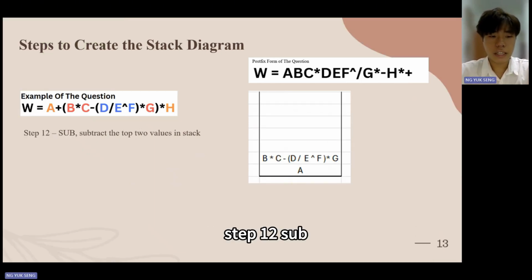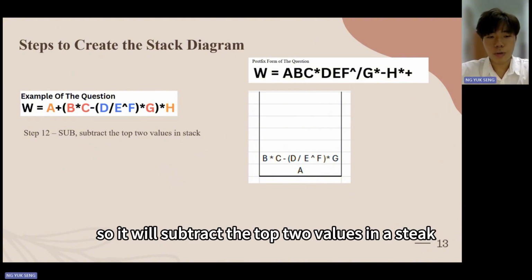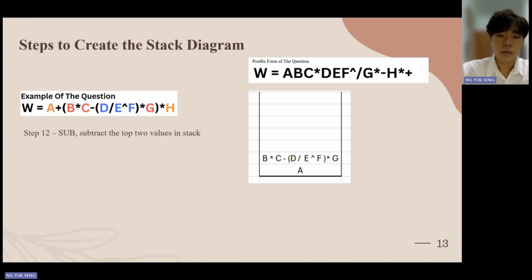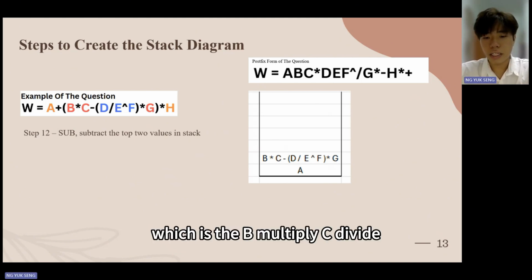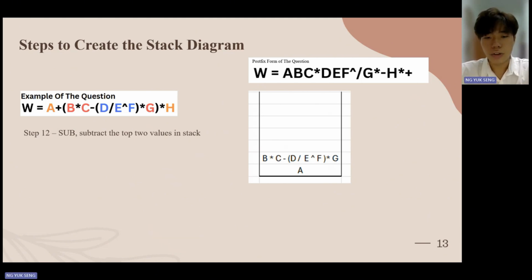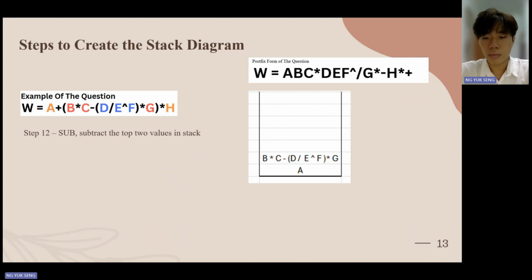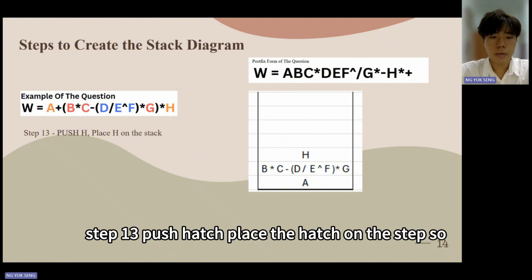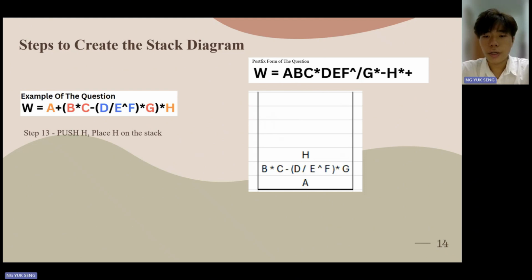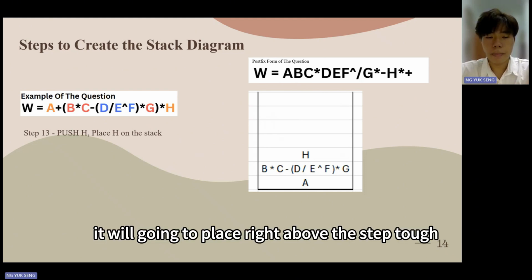Step 12, sub, which is subtract. It will subtract the top two values in the stack, which gives B multiply C subtract in bracket D divide E exponent F multiply G. Step 13, push H. Place the H on the stack, right above the result of step 12.